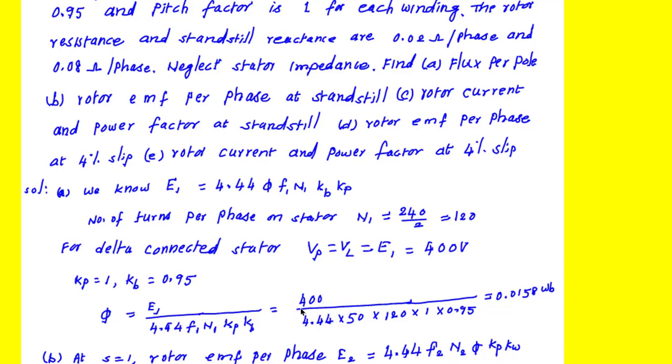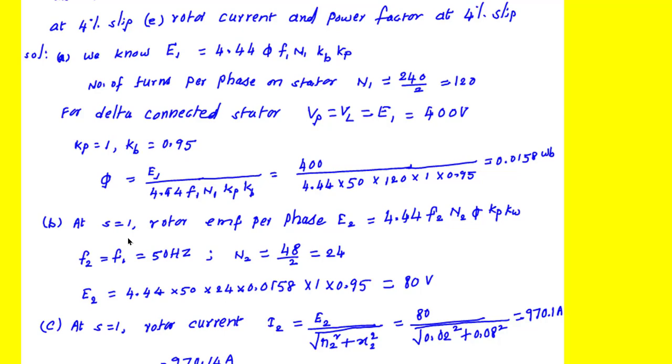So 400 divided by 4.44, supply frequency is 50 Hz, into N1 is 120, which is calculated, and then Kp is 1 and Kb is 0.95. Once we simplify this, we get 0.0158 Webers.